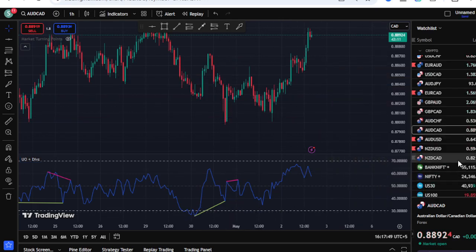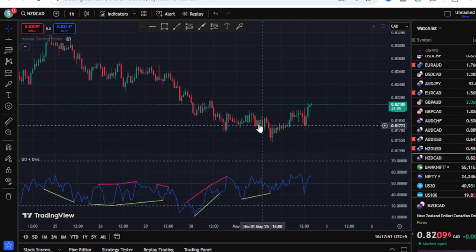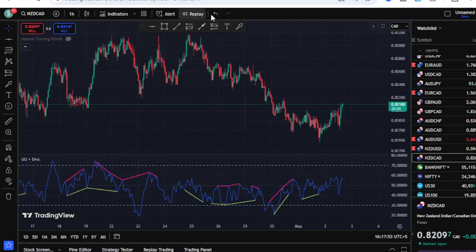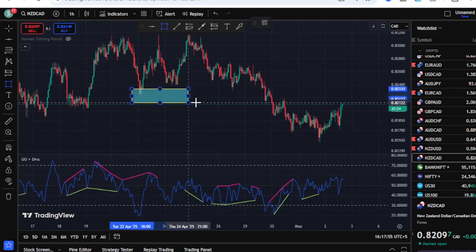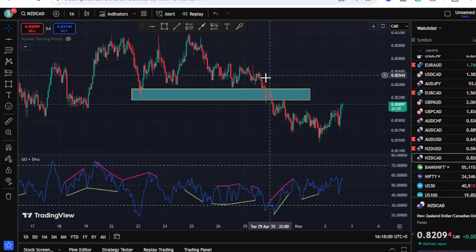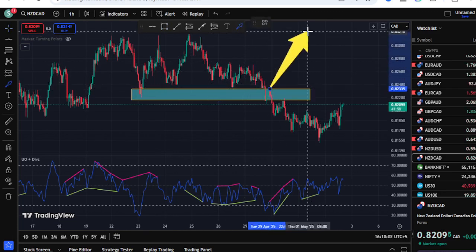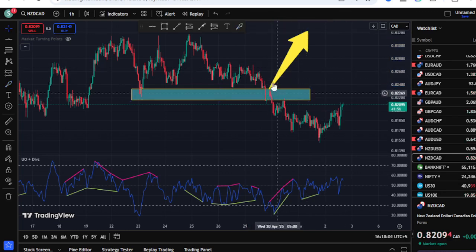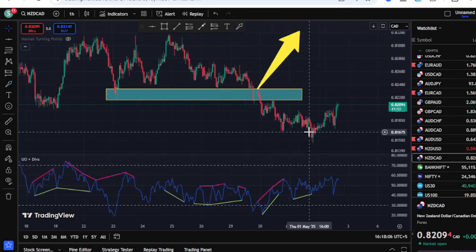Okay, now let's talk about the third example. I'm just picking random charts. Okay, now you can see here that we have the support level that was created here, and that becomes a liquidity pool. And then retail traders were thinking that the price will go up from here, but actually what the market has done is stop loss hunting.